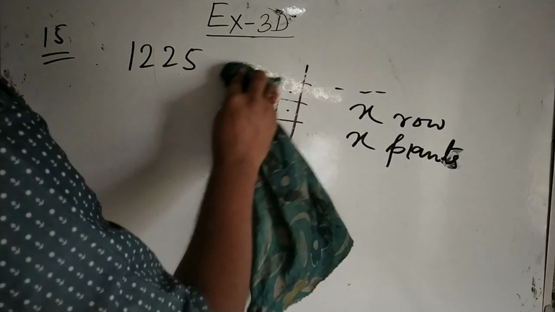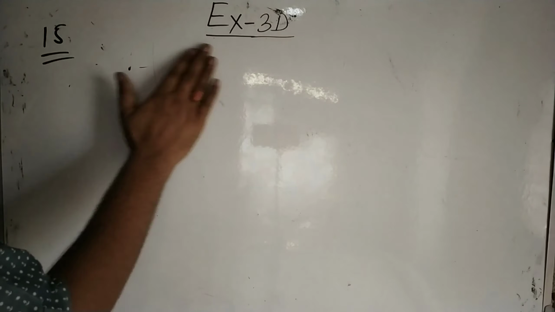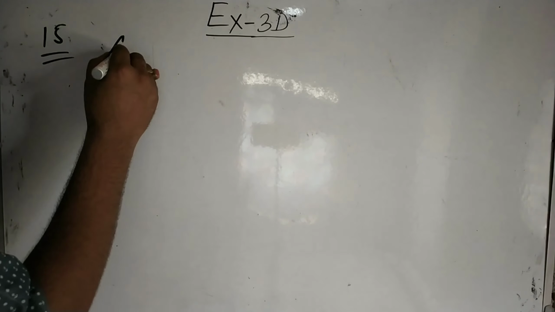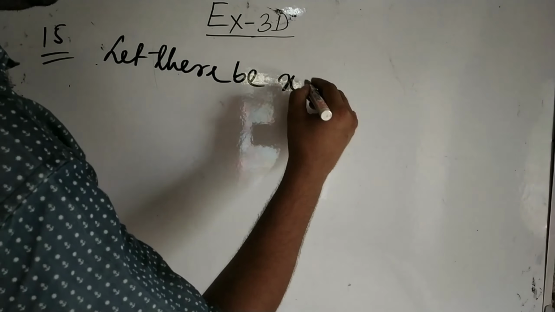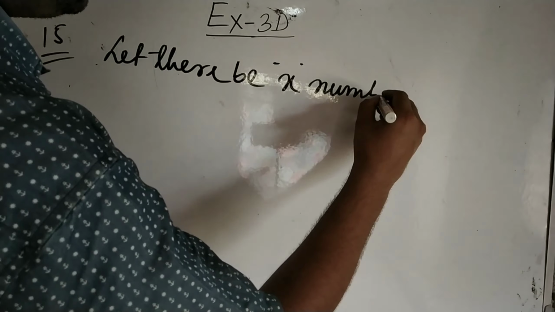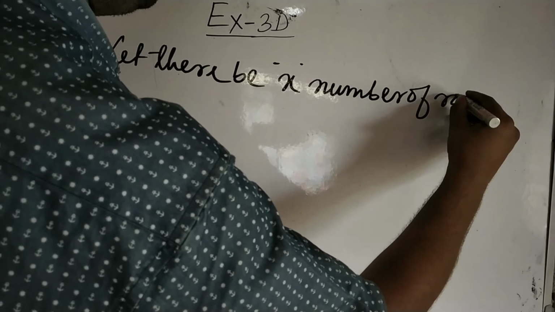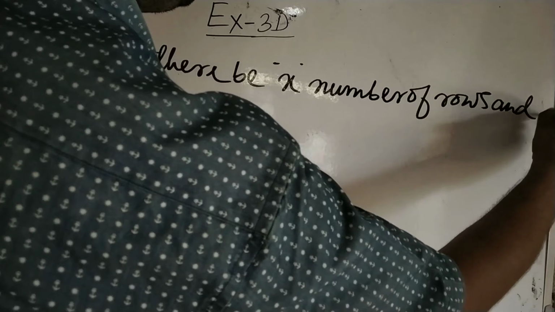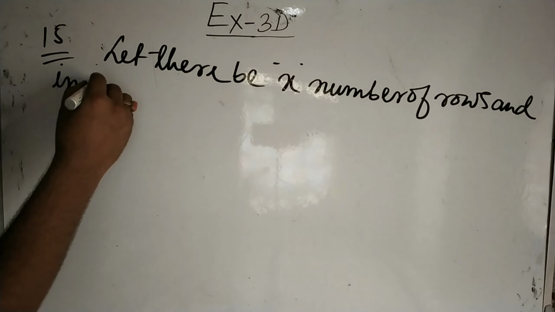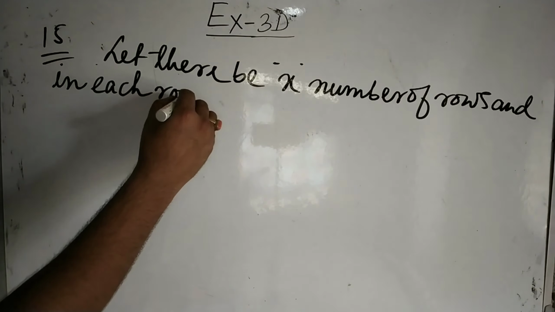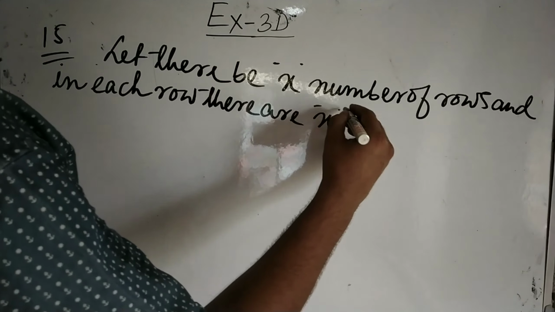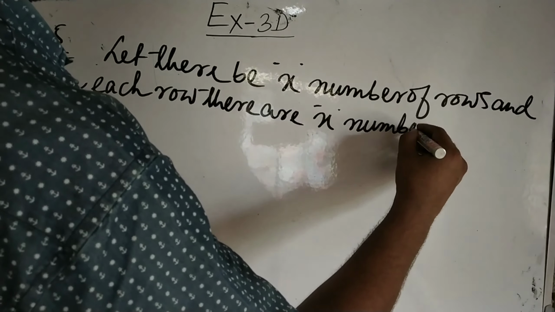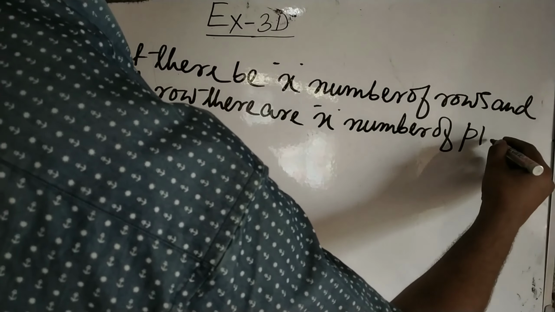So we'll consider that there are x rows. Write down. Let there be x number of rows and in each row there are x number of plants.